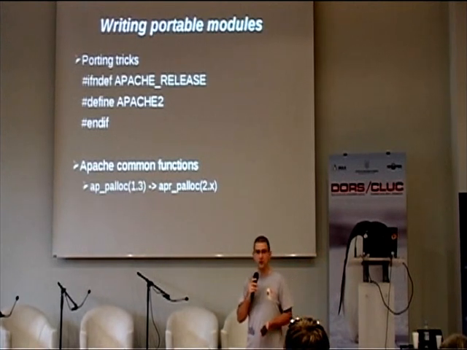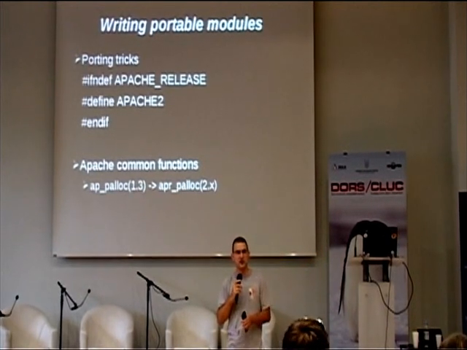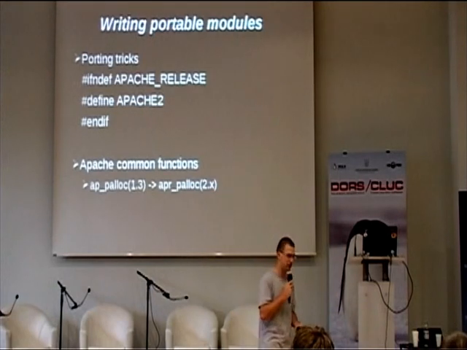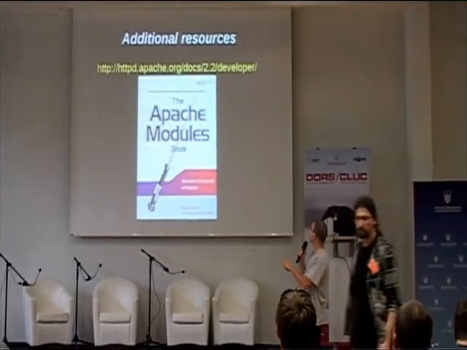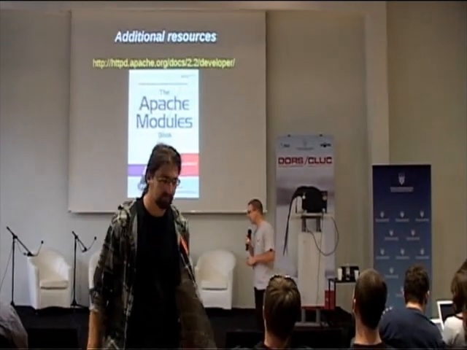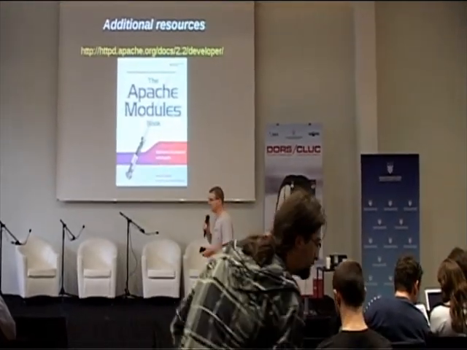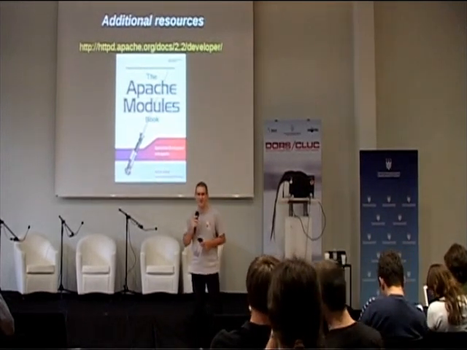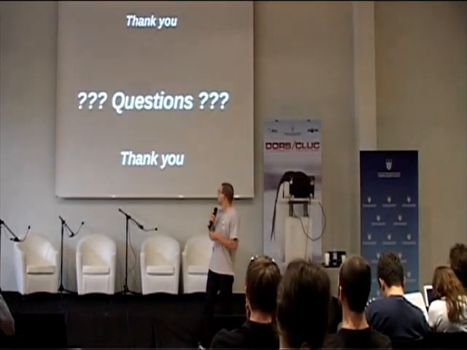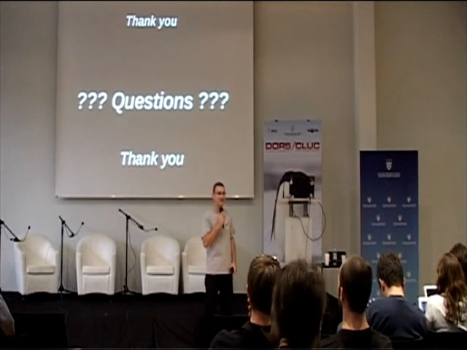Some of the functions and structures are changed from AP to APR. You should read this documentation here for newer modules, and if you really like writing Apache modules, I advise you to read this book.